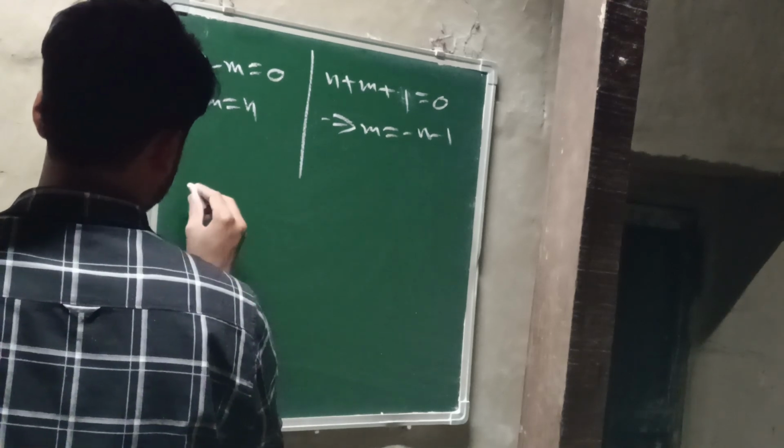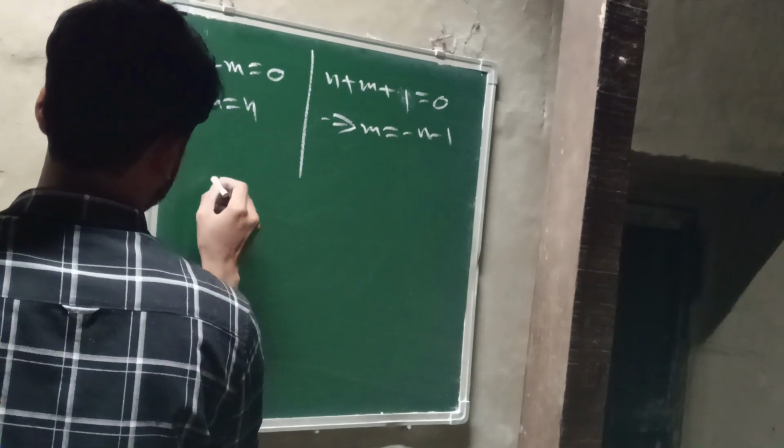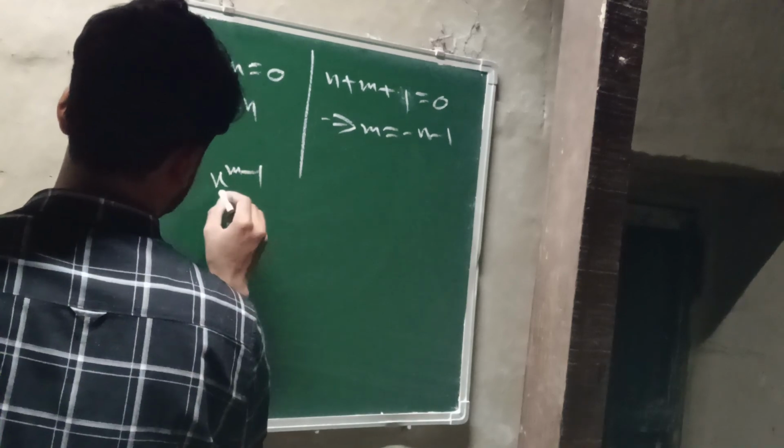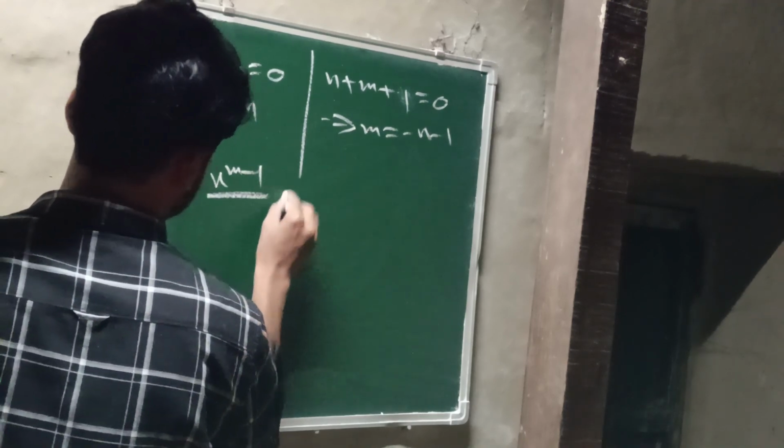Next, we equate the coefficient of x to the power m minus 1 to 0.